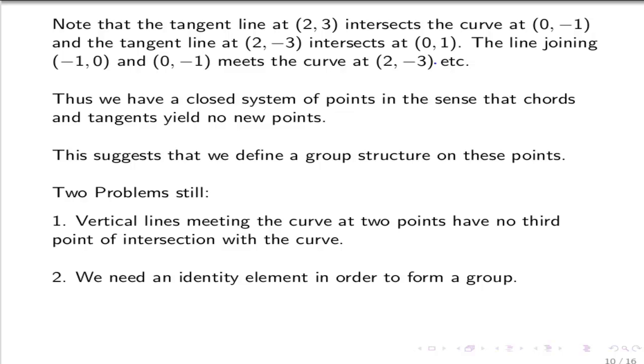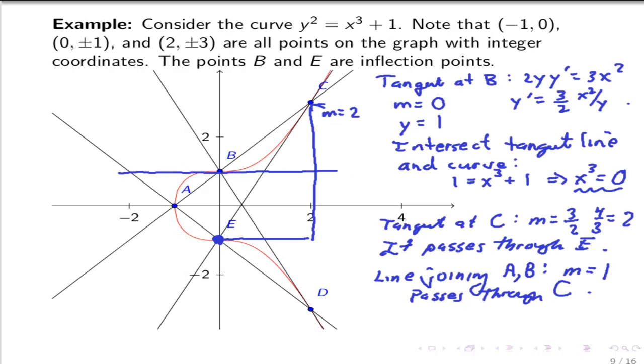And this suggests that we are forming some type of group. So a group is a closed system under some binary operation. And so that's what we're doing in this picture here.